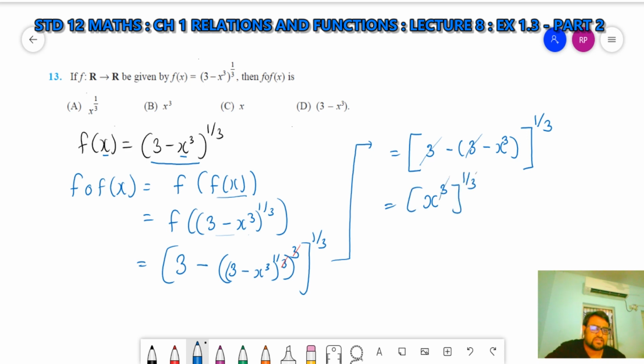Again the 3 gets cancelled and the answer is x. So C is the correct answer. I can write f of f is the identity function. So this was about question number 13. Just note it down.